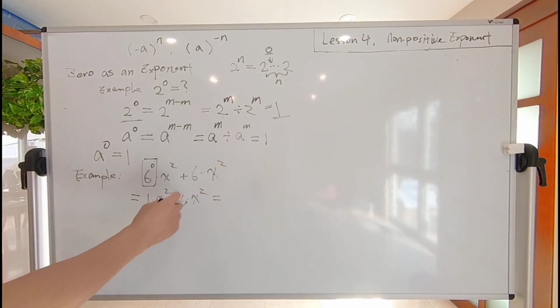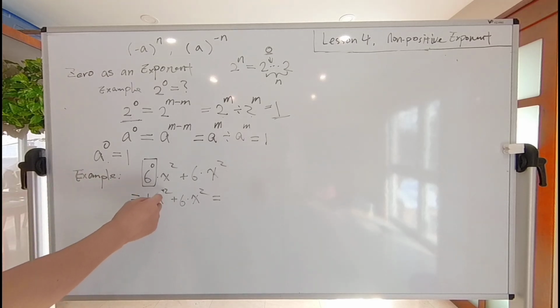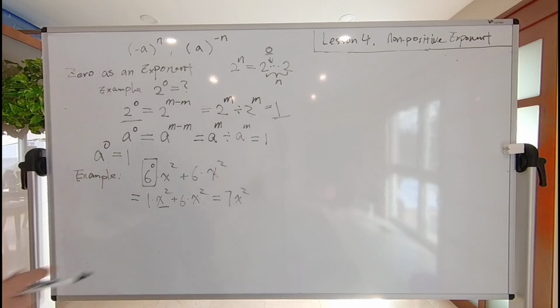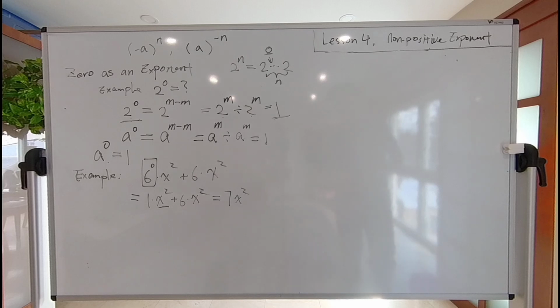You can either use the multiplication distributing over addition, or it's just simply the same term x squared, 1 of it plus 6 of it, so that's 7x squared. So this is how we utilize the conclusion of the power of 0 to simplify something.